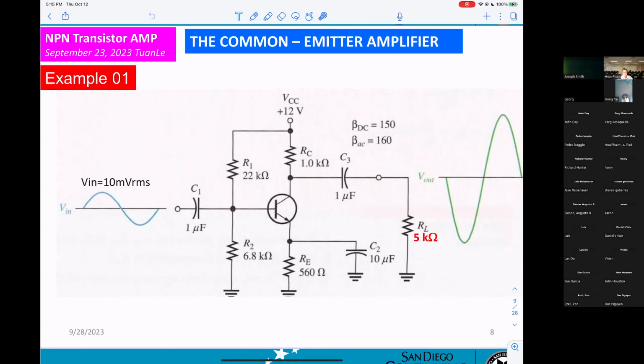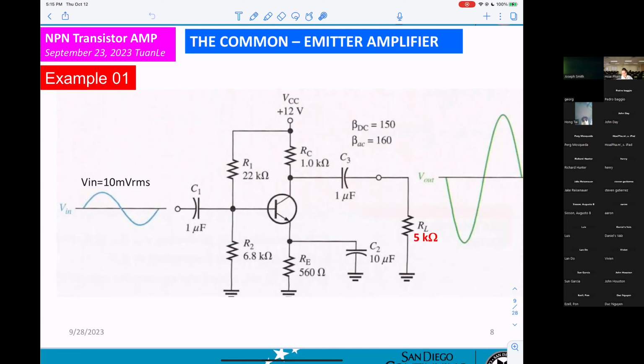That is a common emitter. This is your input sine wave, and this is your output sine wave. You can see the input and output will be out of phase, 180 degrees different. That is what you need to know.